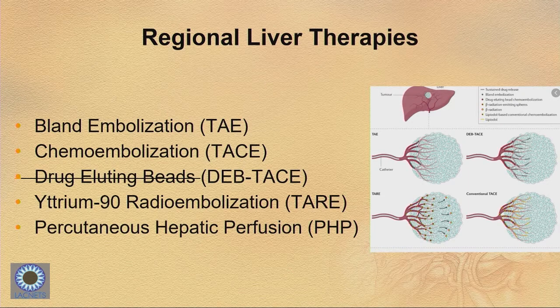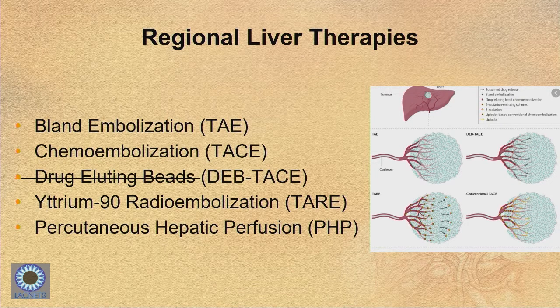As we move on to regional liver therapies, or if the disease is too diffuse to put a needle in or do surgery, then we start looking at treating these tumors through the arterial system. Embolization just means that we're putting a product into the artery that gets carried downstream. Bland embolization is just a bead that creates ischemia and cell death. Chemoembolization is where we mix these beads with chemotherapy, and that chemotherapy dwells in the area along with the ischemia.